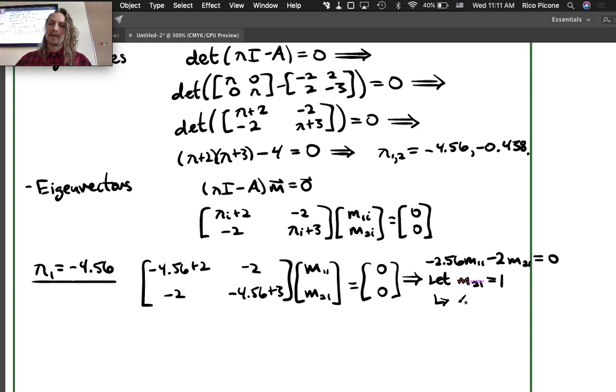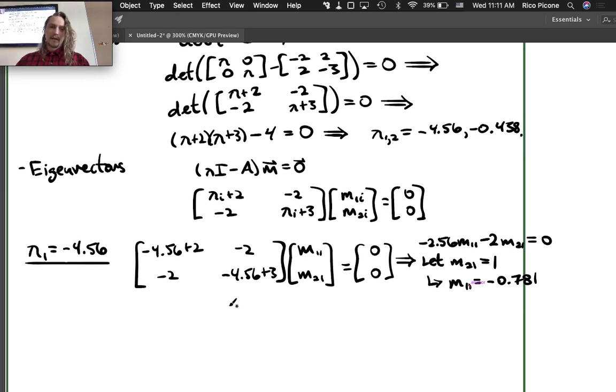If you plug into this equation, m11 equals negative 0.781. Therefore, our eigenvector m1 is equal to any scaling of negative 0.781 and 1.